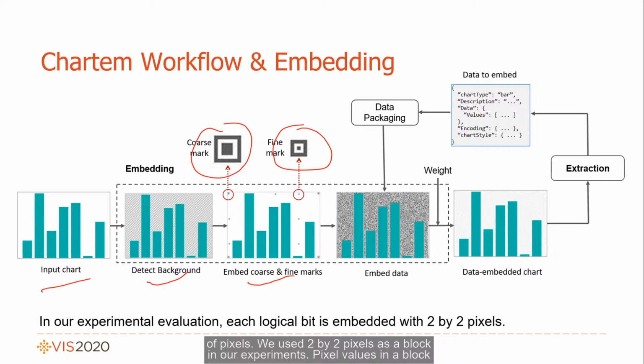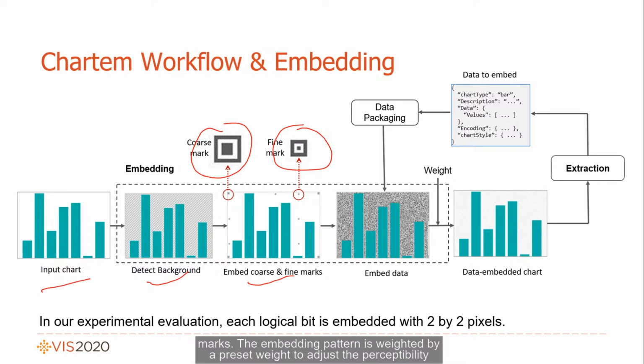We used 2 by 2 pixels as a block in our experiments. Pixel values in a block are adjusted to above or below the local average to carry a logical bit of 1 or 0. Each block sequence is embedded into a continuous background region not taken by coarse or fine marks.